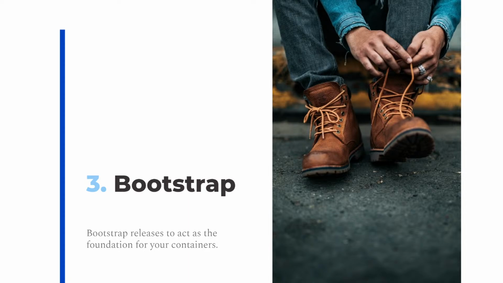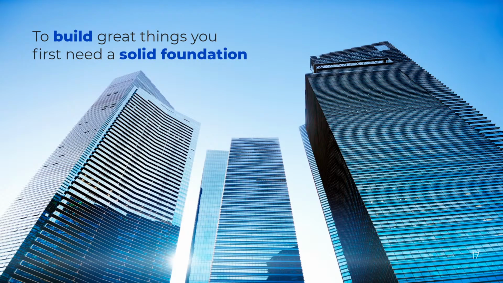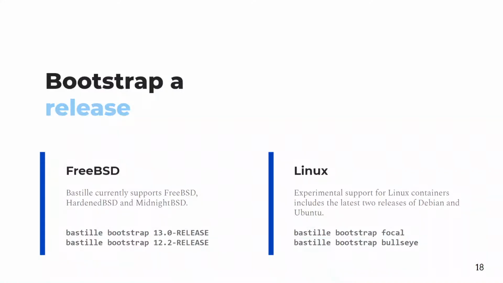You have to pull down the release first, and then you can build containers based on that release. I like to think of it like this: to build great things, you need a solid foundation. So the release is the foundation of our containers, and we apply that first, and then we can build stacks and stacks of containers on top of those, and everything will work the way that we want.